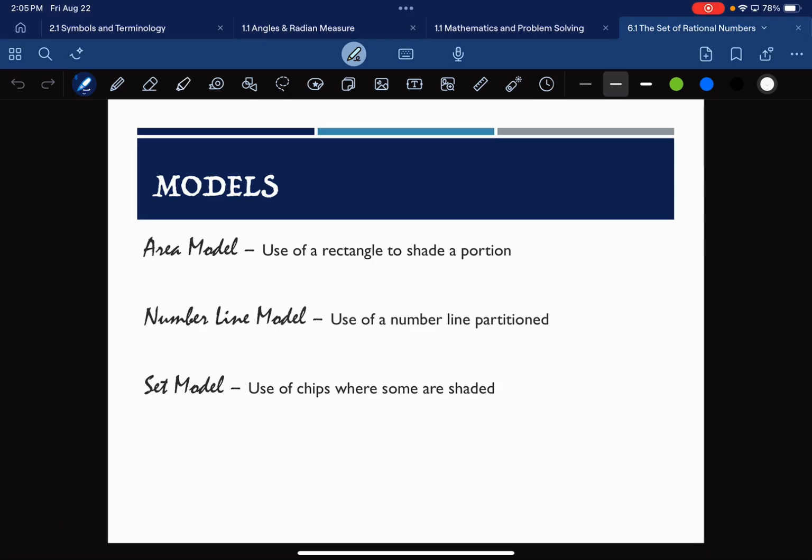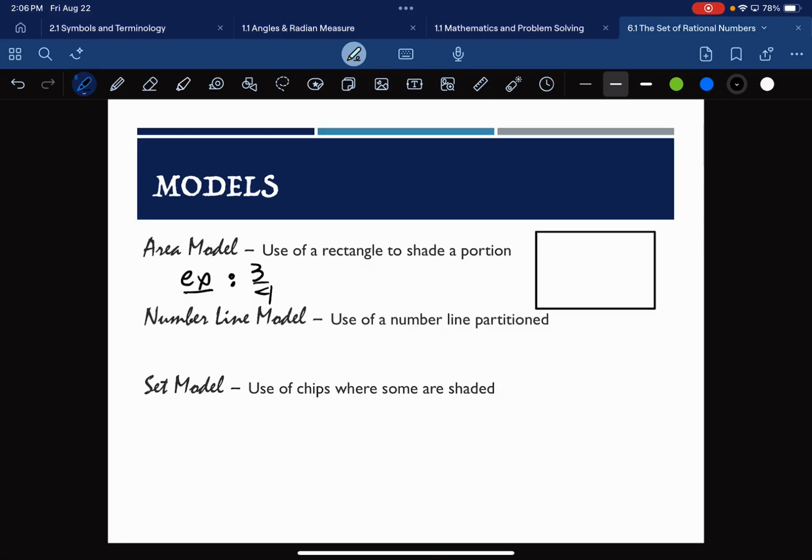So an area model is the first one I mentioned. It's where we take some sort of a whole object. So I'm going to use a rectangle because we use those frequently, but it's not the only thing we could use. So if you take a rectangle and you break it apart into pieces where some of them are shaded. I'm going to do an example of the number 3/4 on all of my pictures.